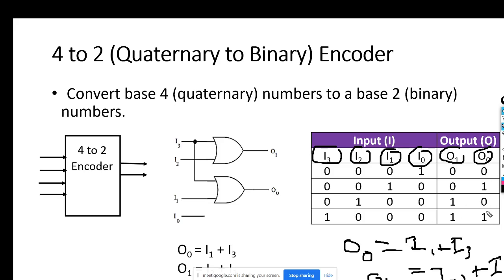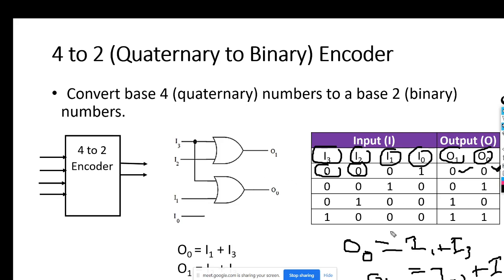For example, for 0 0 0 1, I1 is 0 and I3 is 0, therefore 0 plus 0 gives O0 as 0. Then I2 is 0, I3 is 0, again 0 plus 0 is 0. So we got both 0.